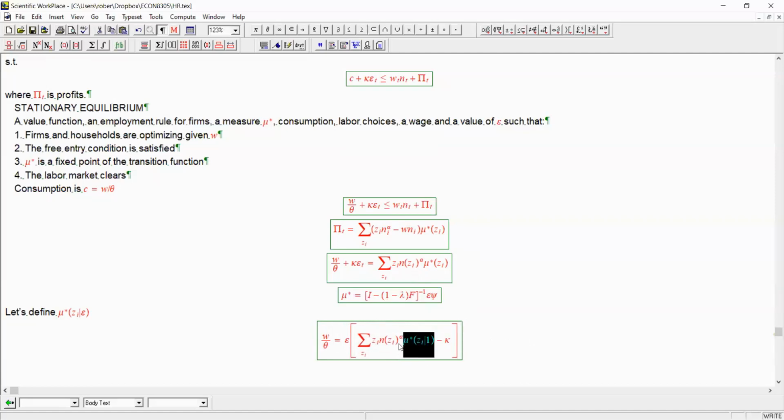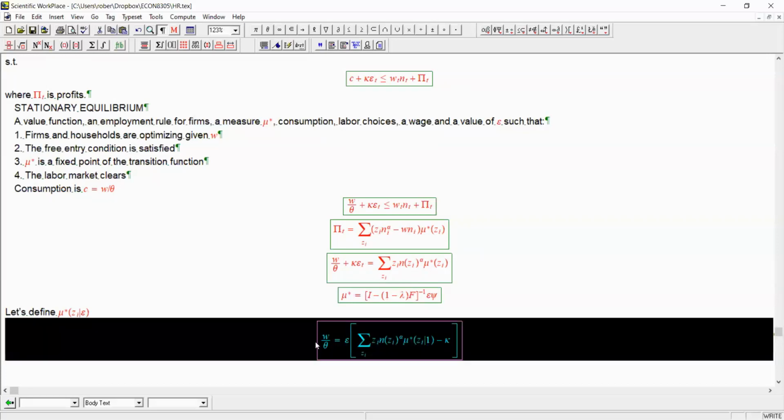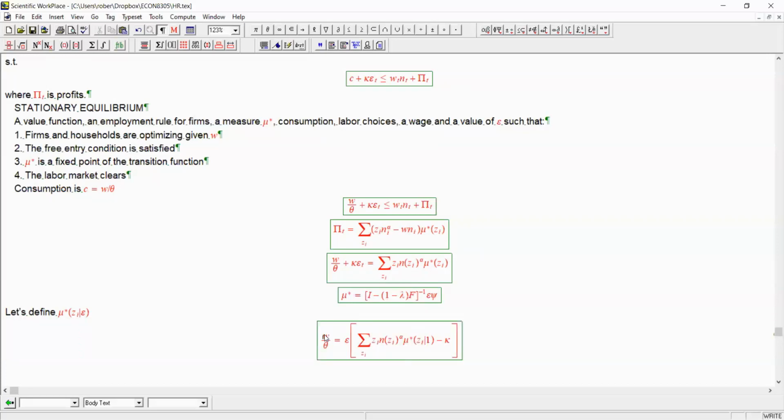This is known because we figured out what W was given the free entry condition. This is a constant, given that we know that W. And therefore, this is a constant, this is a constant. Both are positive, and there is only one value of epsilon that is going to satisfy this equation.